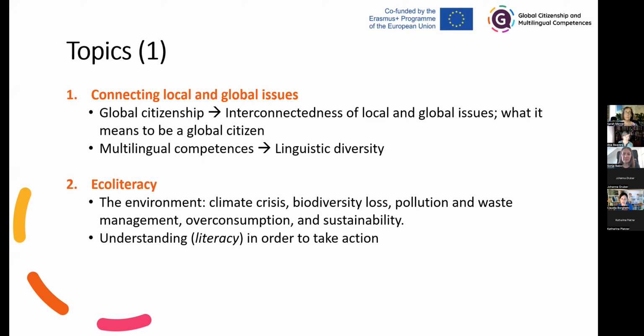And in this specific module, the students are introduced to key terms and concepts, climate crisis, you can see this in the slide, biodiversity loss, pollution, and waste management, and so on, reflecting on their own practices, linking their own lives with the global issues, local and global, so close to them and far away in the world, and see how they are all linked.